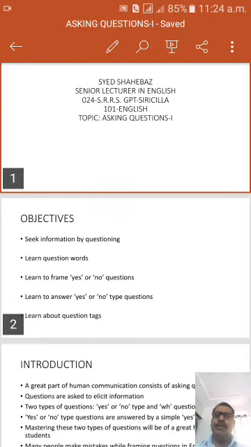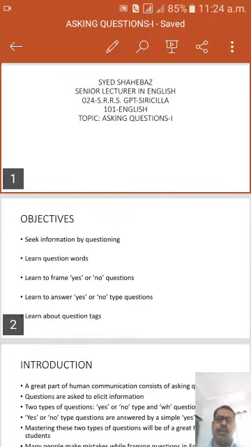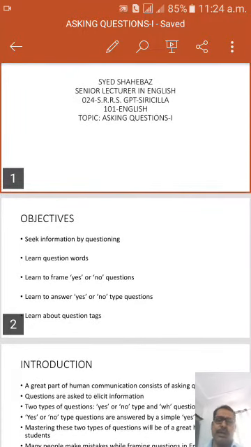The second objective is learn question words. So what are the words used to ask questions? There are two types of words. One is WH questioning words. The second is the questioning words framed with helping verbs.